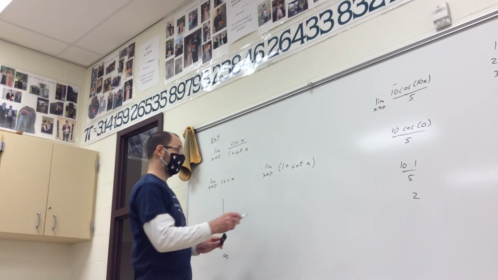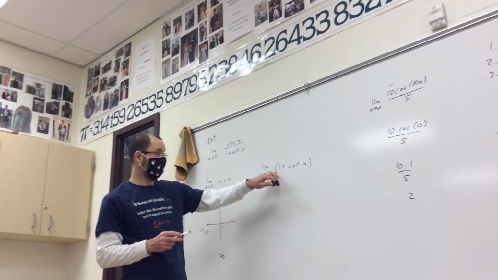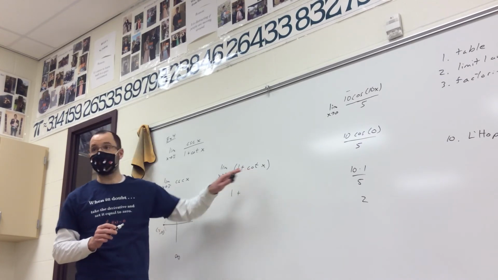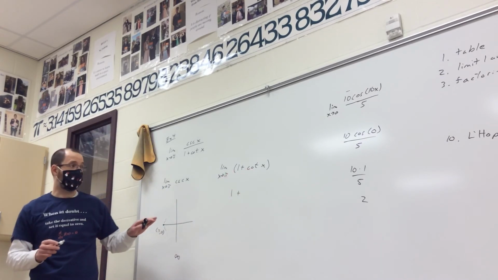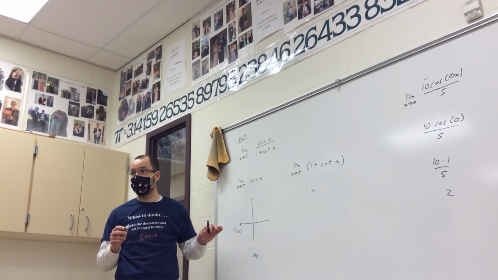All right, so now let's think about this. Cotangent, well, the limit of 1 is 1. So really what we care about is the limit of cotangent. Cotangent is, well, tangent is y over x. So cotangent is x over y.